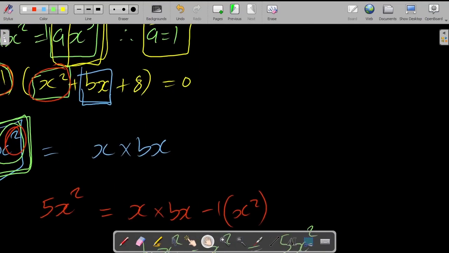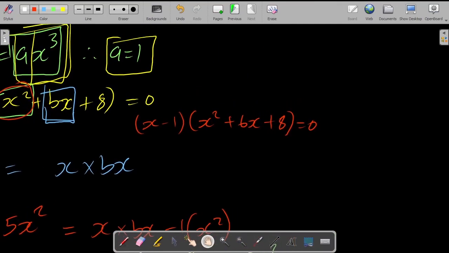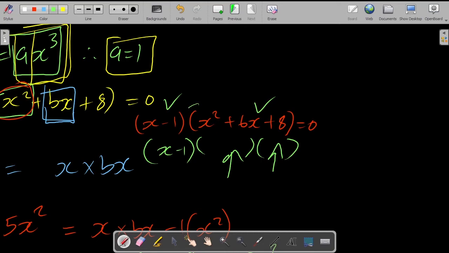So we now have the quadratic factor as well, and we have x minus 1 times x squared plus 6x plus 8 equals 0. And we now have our linear factor as well as our quadratic factor, but we aren't quite done. We now have to factorize this so that we finally have our 3 factors. So these 2 brackets are from factorizing this quadratic factor. And let's do that.